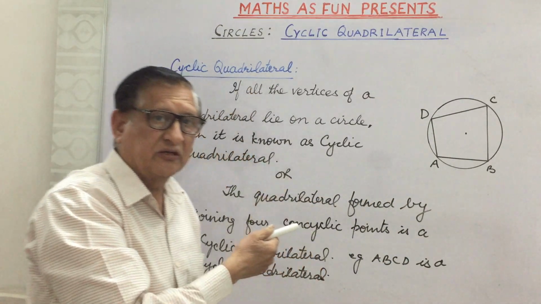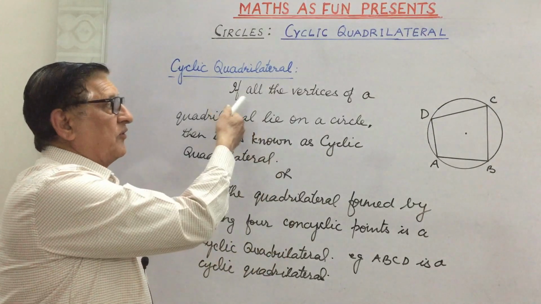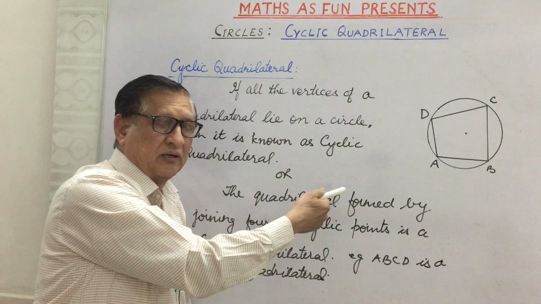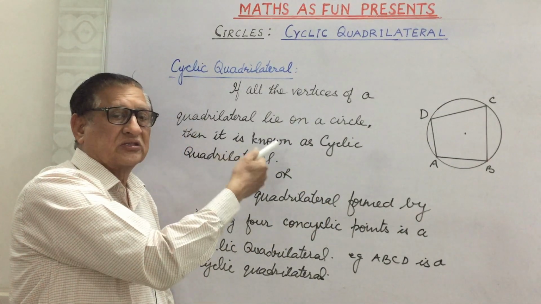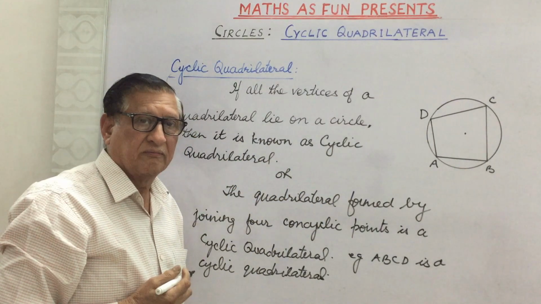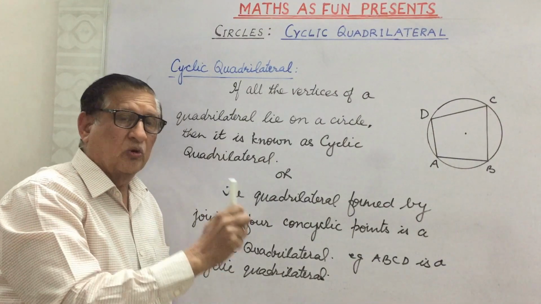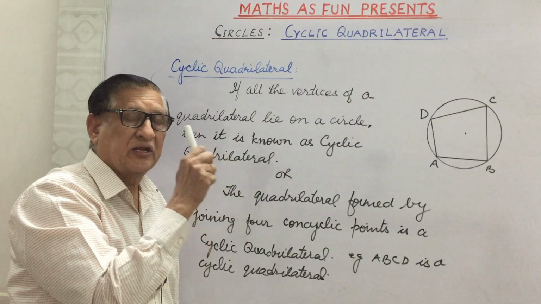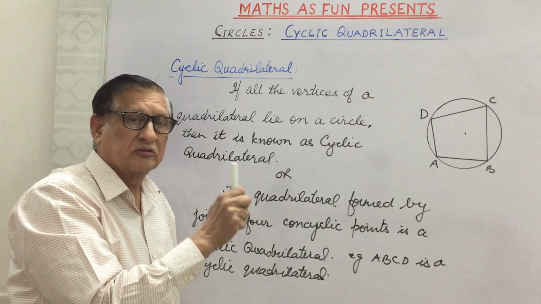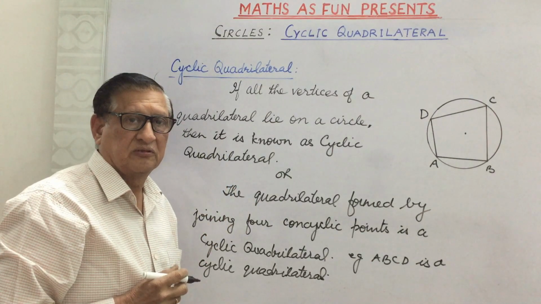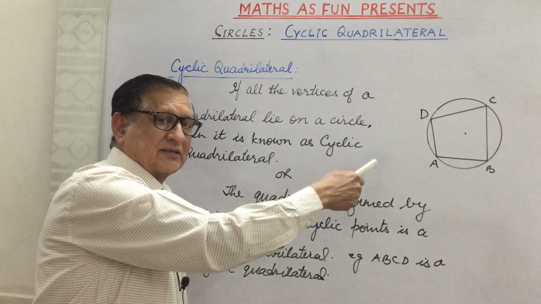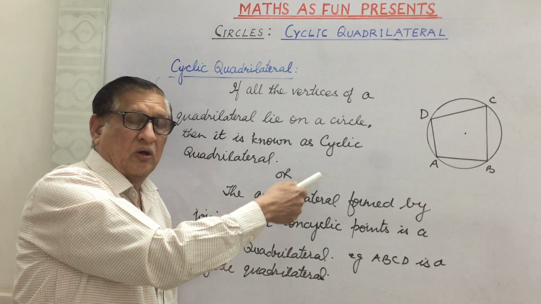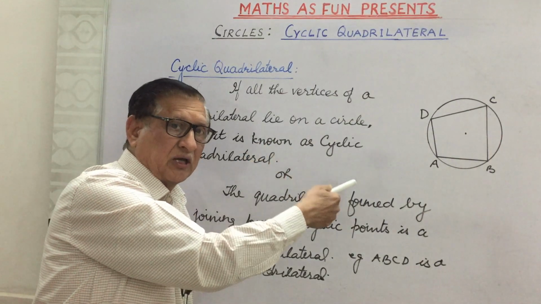So how can we define it? If all the vertices of a quadrilateral lie on a circle, then it is known as a cyclic quadrilateral. Because all the points lying on the circumference of the same circle are also known as concyclic points, we can also define it as a quadrilateral formed by joining 4 concyclic points.